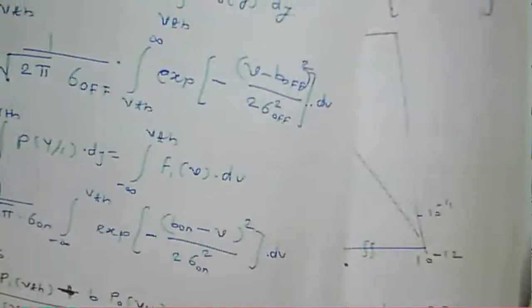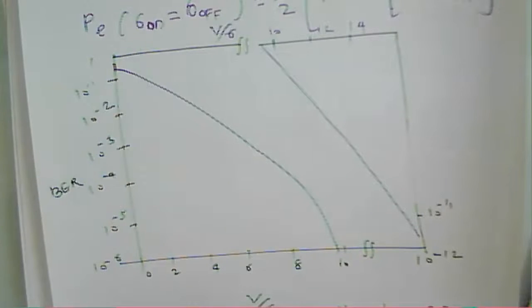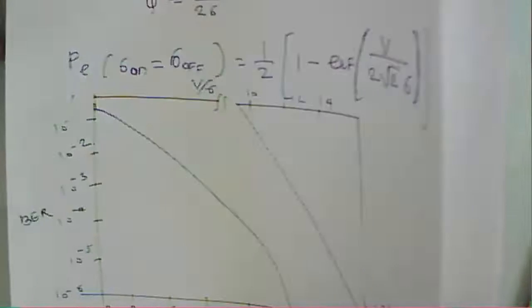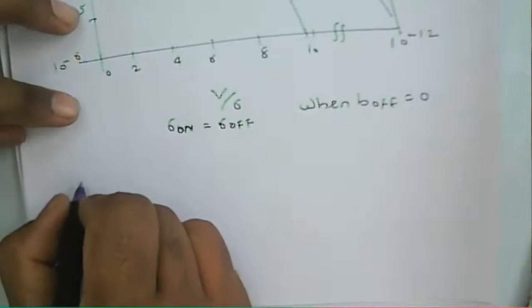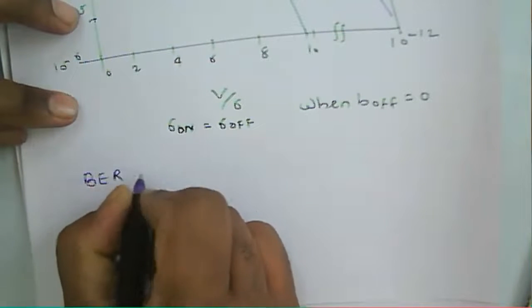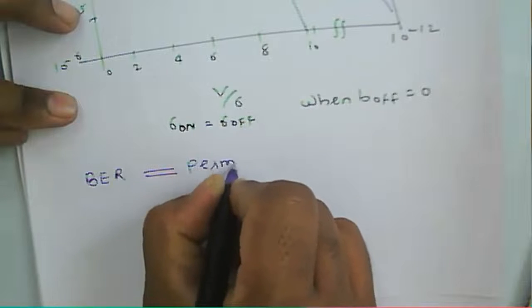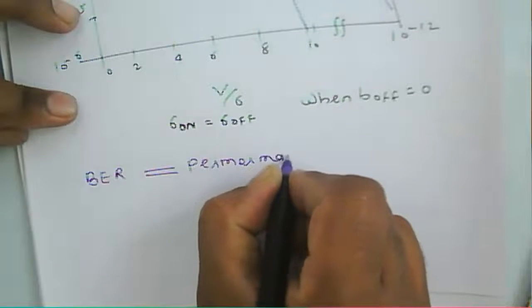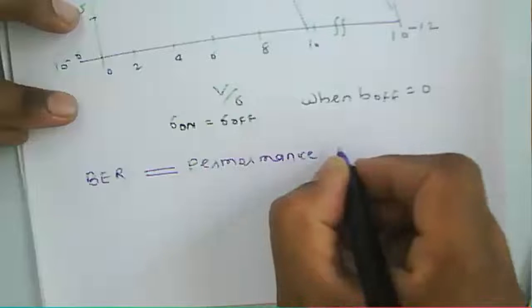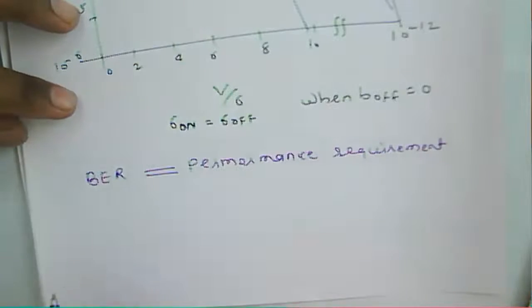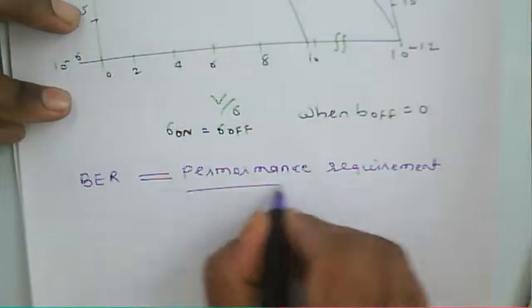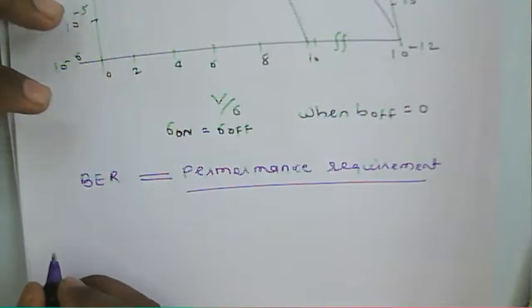So with this we can say that bit error rate is one of the performance measures or a performance requirement for the transmission link. So this is about, we can say that BER is one of the components for the receiver for the performance requirement.